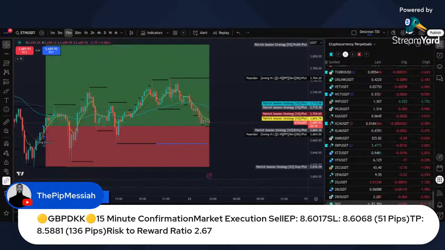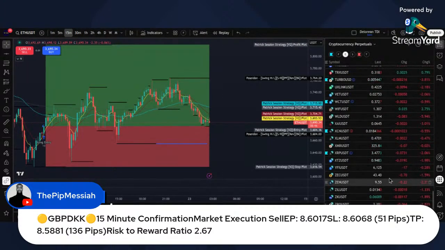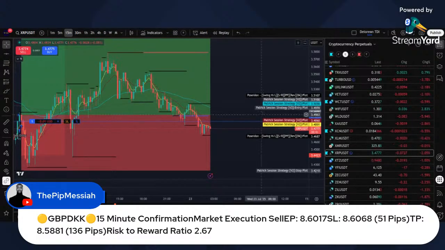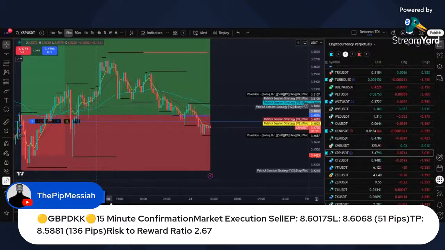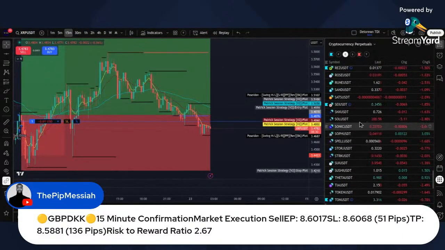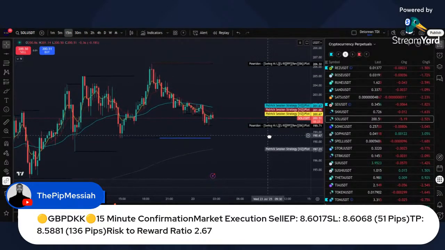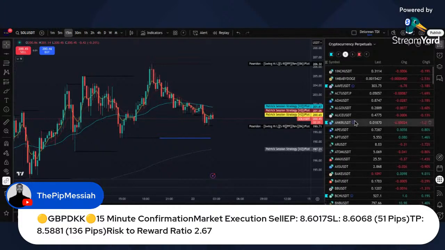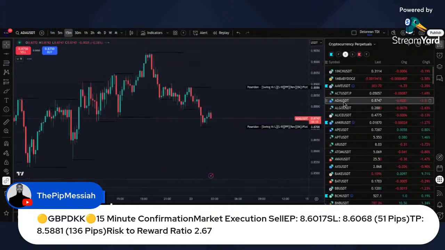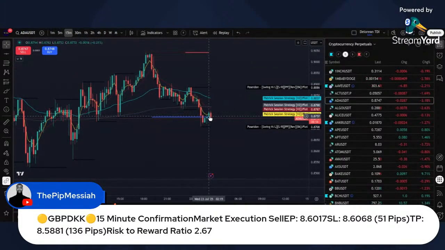Let's take a look at Ripple. We're still in that buy. We're nowhere near stop loss, but it's not moving. Solana, same thing. Cardano, same pattern.